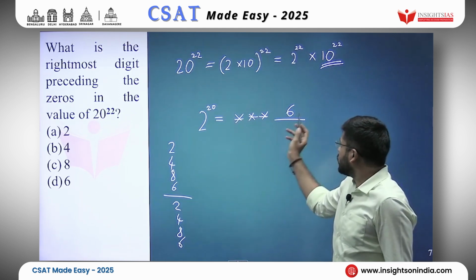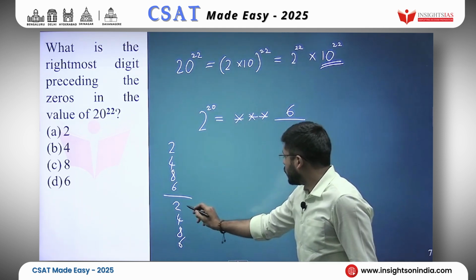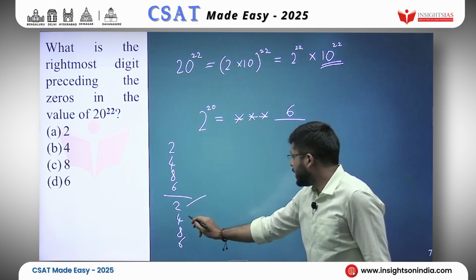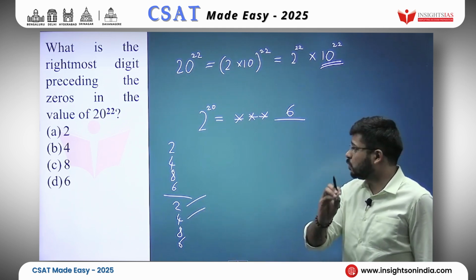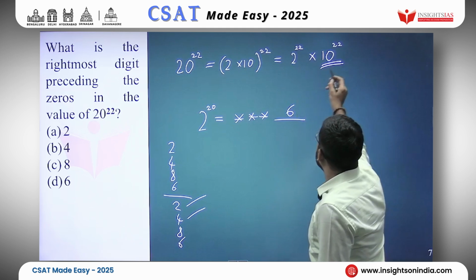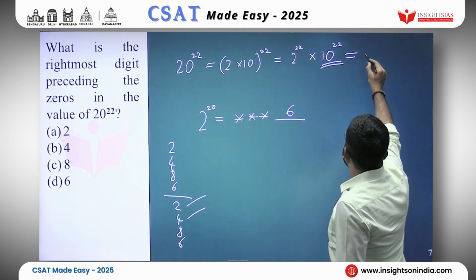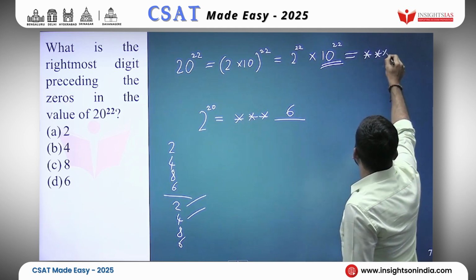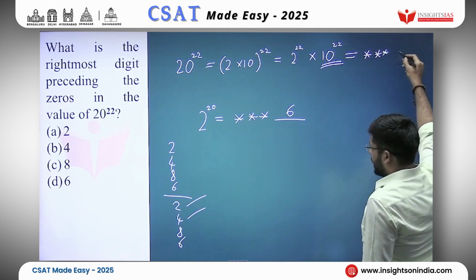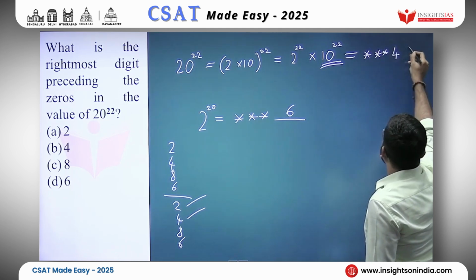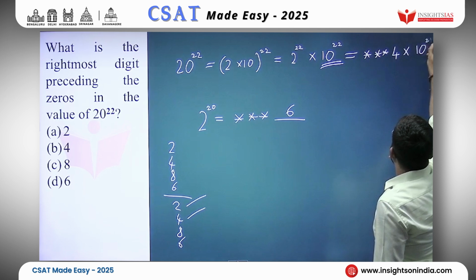So 2 to the power of 20 ends in 6, 2 to the power of 21 has last digit 2, and 2 to the power of 22 has last digit 4. So this value would ultimately be 4 into 10 to the power of 22.